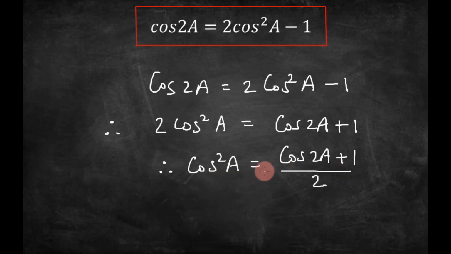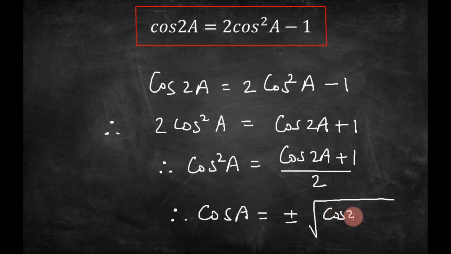Now we simply take the square root on the right-hand side. So we end up with the cos of A being equal to plus or minus the square root of the cos of 2A plus 1 all over 2. So this is the one equation that's very, very useful that we can get out of this one.